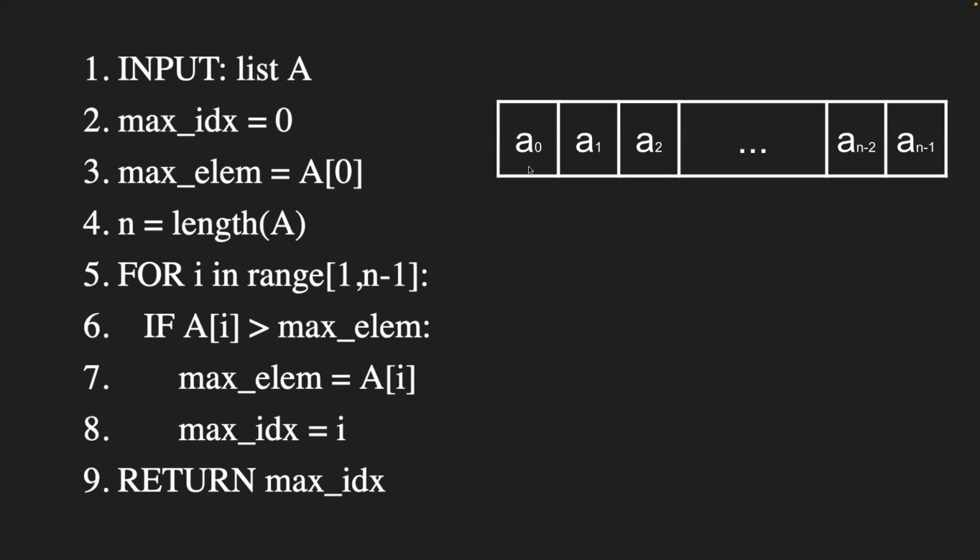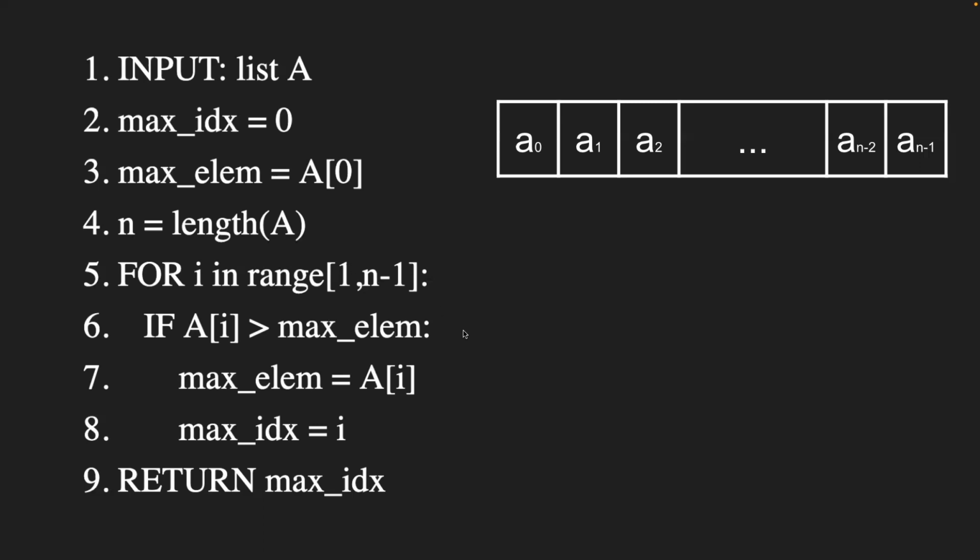So I first start off with this as my max index, but then I look at A1 and I say, if A1 is bigger than A0, then I want this to be my new max number. If it's not, then I keep A0 as my max. Similarly, I go down to A2 and I say, if this is bigger than A1 and A0, whichever's the max, then that's going to be my new max. And I'm just doing that for every element.